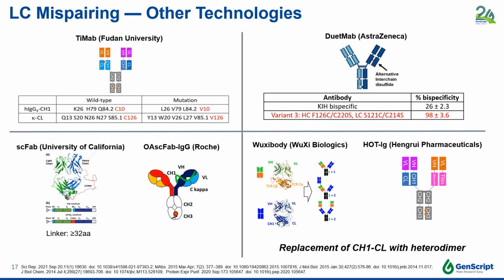There are some other technologies to avoid light chain mispairing: Fab knob-in-hole, Fab disulfide bond shift, single-chain Fab, and replacement of CH1/CL with heterodimer. For the Fab knob-in-hole design, this can efficiently avoid light chain mispairing.